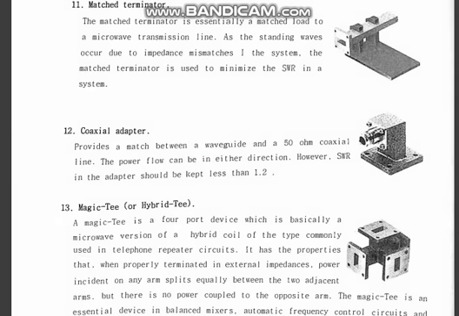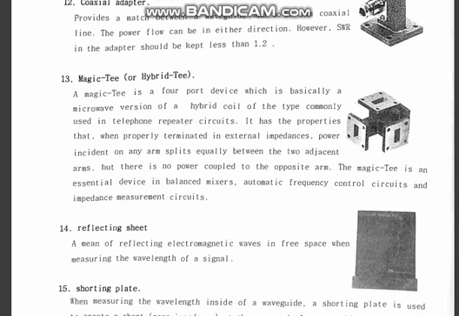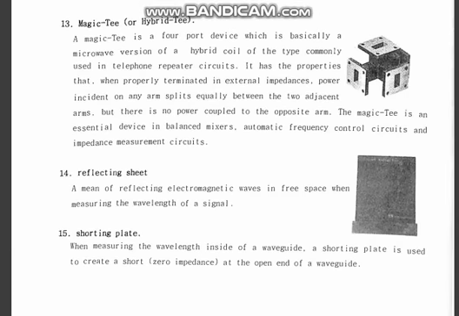And there is another thing we have known from the theoretical point of view: the magic T or hybrid T. A magic T is a 4-port device which is basically a microwave version of a hybrid coil of the type commonly used in telephone repeater circuits.